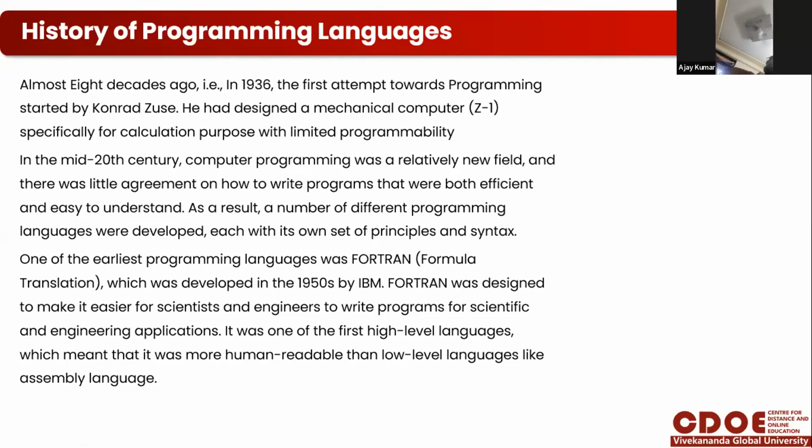When we talk about eight decades ago, the 1950s era was the early era of programming. There was no such work done by scientists in this field, so their approach was just to identify scientific problems.